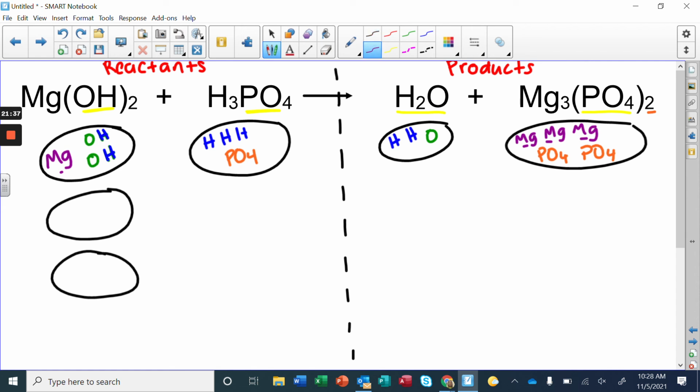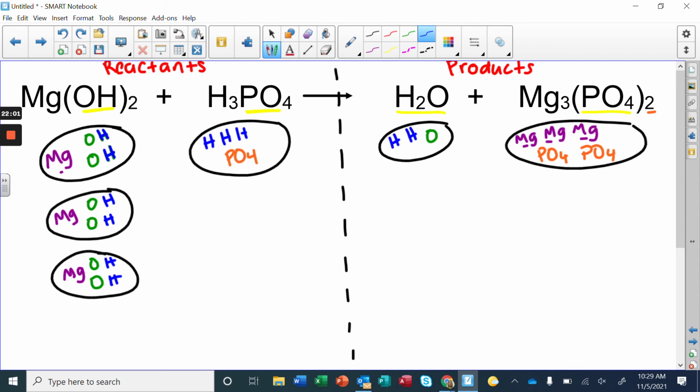We have magnesium and magnesium. And we have 2 hydroxides. Hydroxide might be the only one that you don't want to keep as a product.